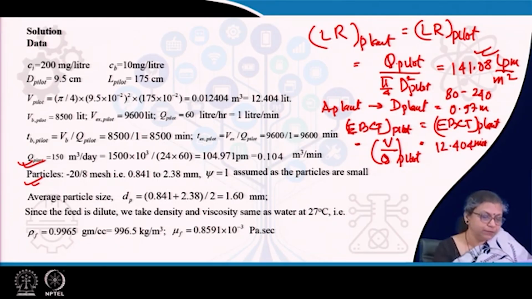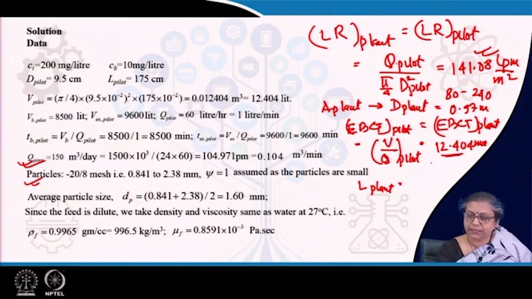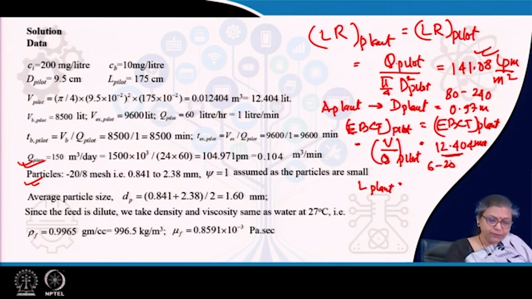Taking this particular EBCT, we can find out the L plant in this particular case as well. We find that the EBCT that we get is also within the permissible limits of 6 to 20 minutes. So, therefore, from there we find out the L plant.